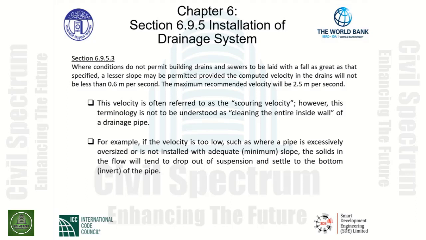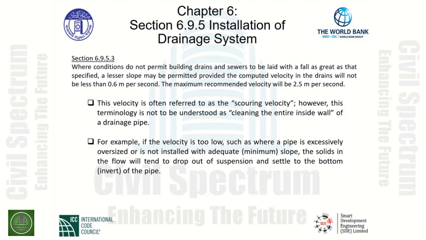However, this terminology is not to be understood as cleaning the entire inside wall of the drainage pipe. For example, if the velocity is too low, such as where a pipe is extensively oversized, or it is not installed with adequate minimum slope perhaps, the solids in the flow will tend to drop out of suspension and settle to the bottom, or the invert, of the pipe.